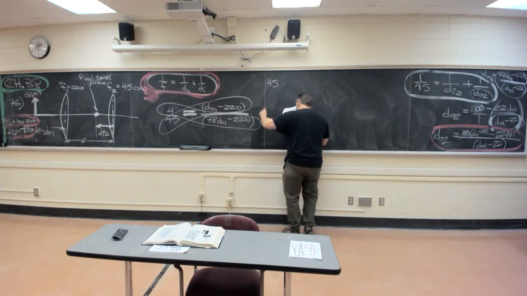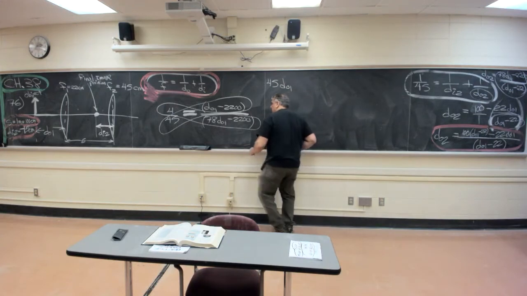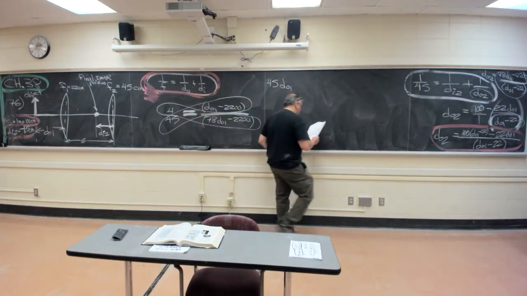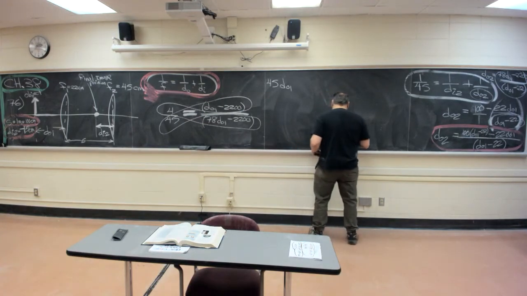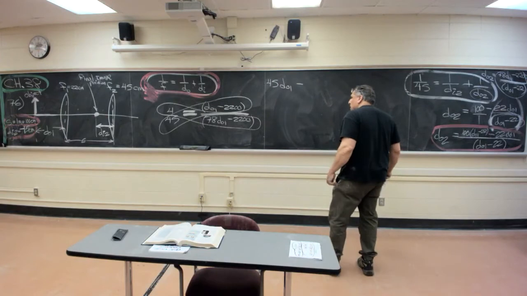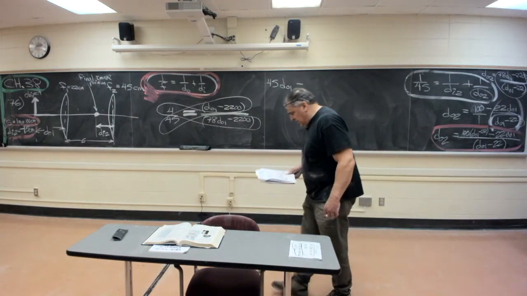When you actually do it, you're going to get 45 DO1, that's this right here, going up this way. 45 DO1 minus... trying to figure out what they've done here.